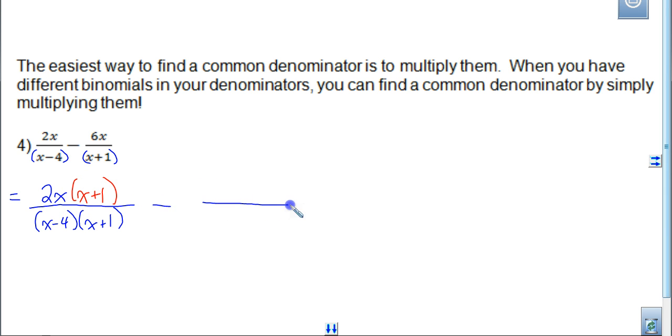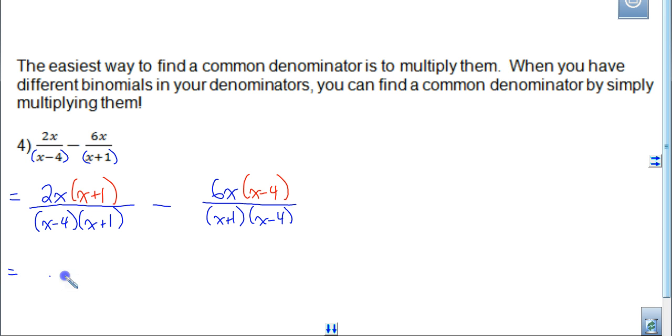Now, I'm going to subtract the next one. This binomial was x plus 1. So I'm going to multiply that by the other binomial of x minus 4, and that means that this expression right here, because I multiplied the denominator by x minus 4, the numerator as well must be multiplied by x minus 4.